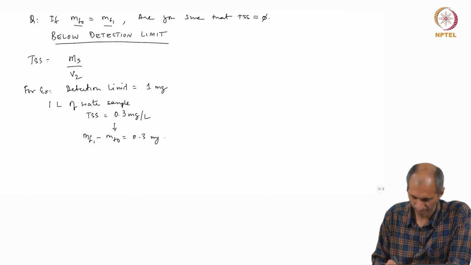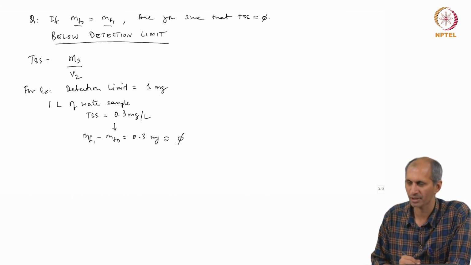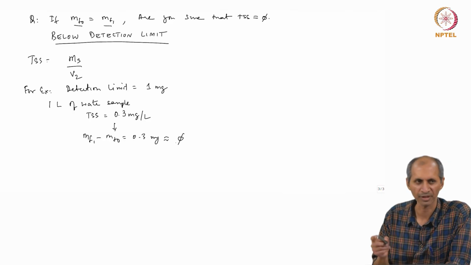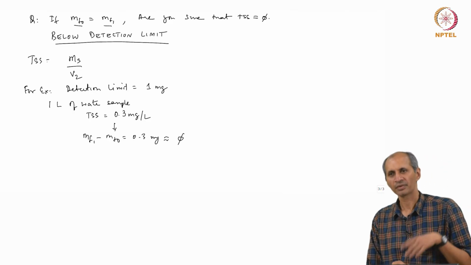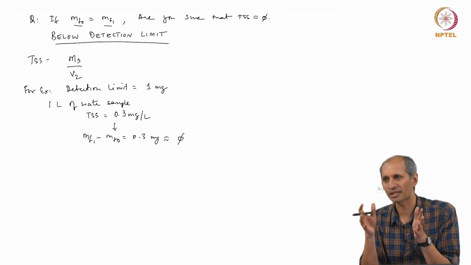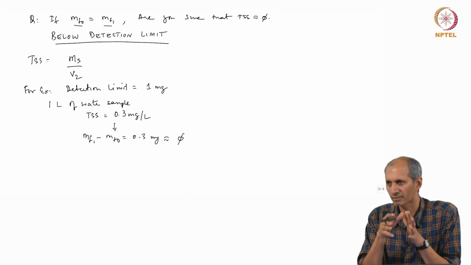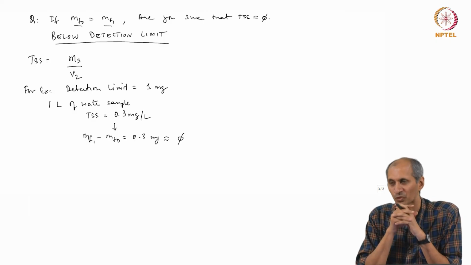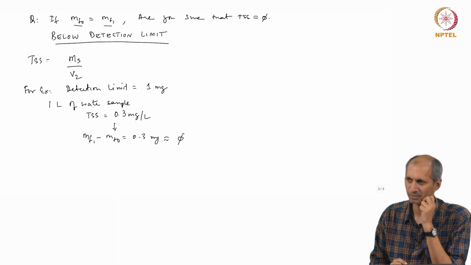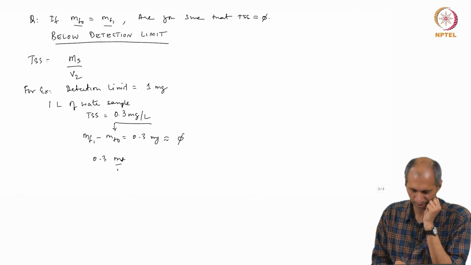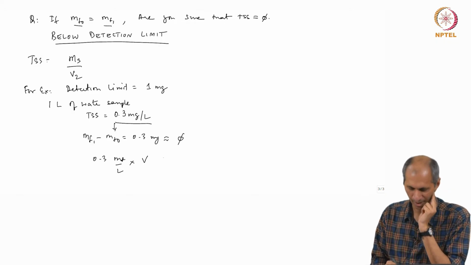So, in the instrument I am going to be seeing 0, the instrument will say 0, it is below the detection limit of the instrument. If I do not have any other instrument to measure this, what can I do? So, I can increase this volume. 0.3 milligrams per liter multiplied by volume must be greater than the detection limit.